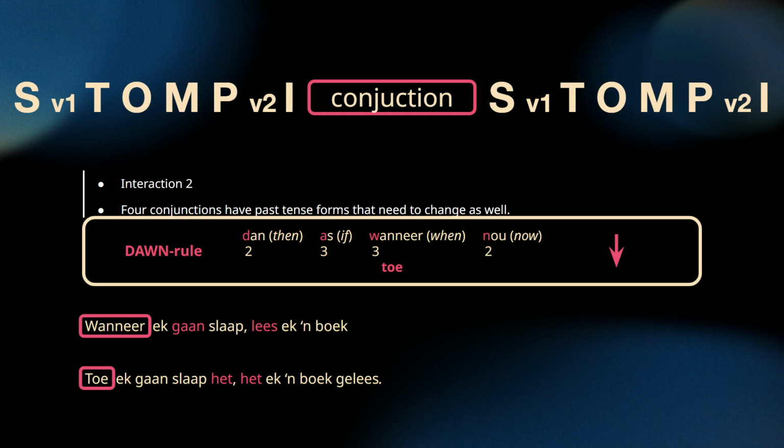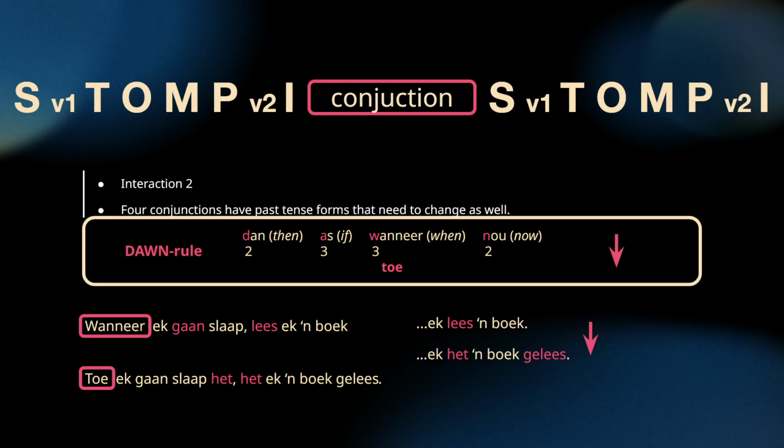And this might seem a little strange, but it's an extremely common way of speaking. Toe ek gaan slaap het. That het moving to the back of its own sentence. We explained why that happened in our previous slide. Het ek 'n boek gelees. Again, het coming from changing that second sentence into the past tense.